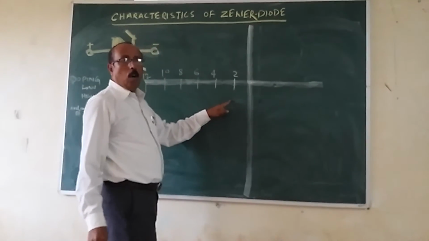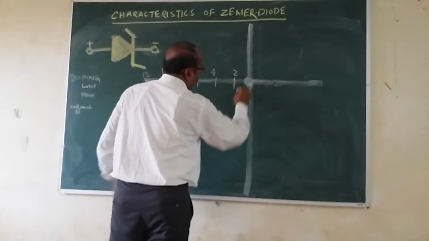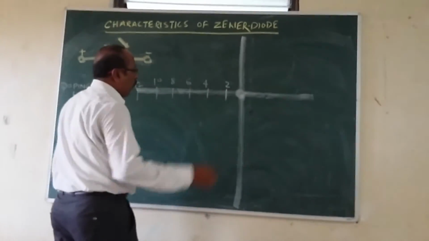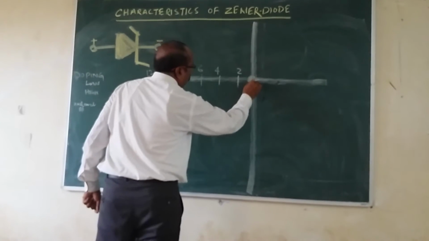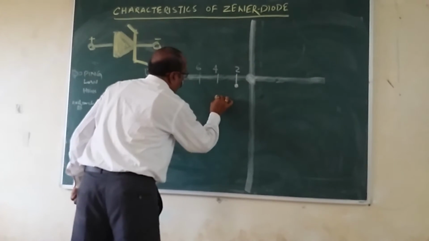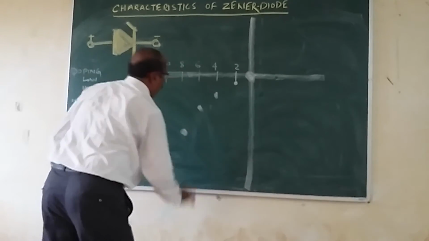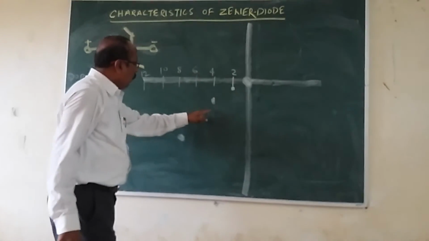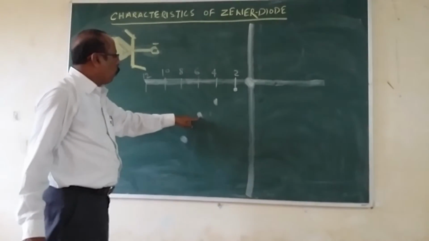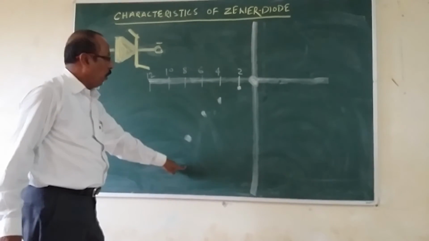It has been observed that from the chart of voltage and current, at 0 the value is 0, then 0.2, 0.4, 0.6, 0.8. Now, it has been seen that when we apply 6 volts to the Zener diode, it abruptly breaks down.